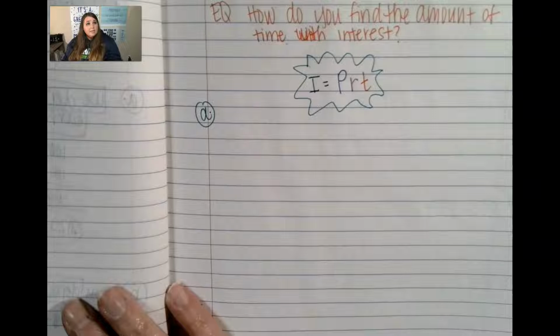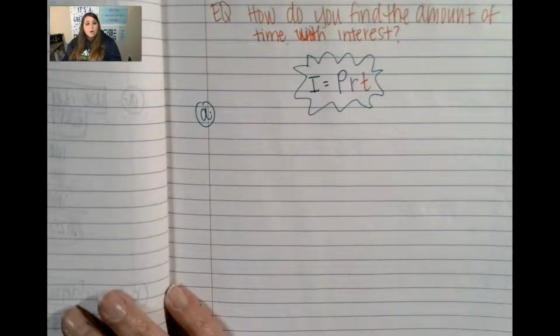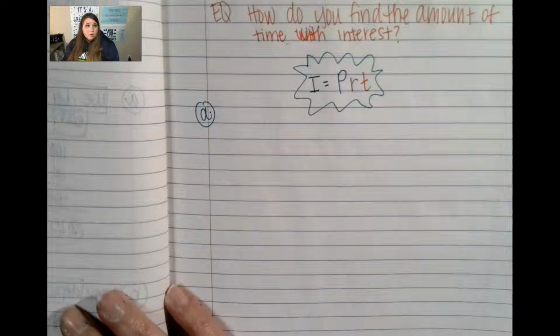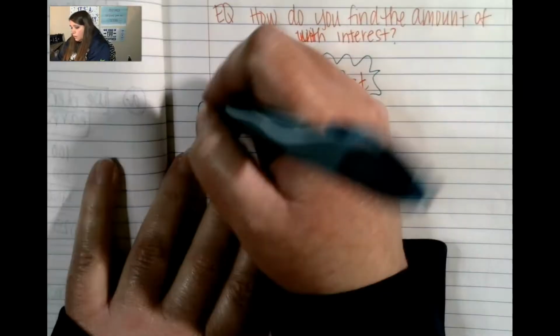How long does it take an account with a principal of $800 to earn $100 in interest? So we're going to look for our interest rate of 2.0%. So let's write out our question.